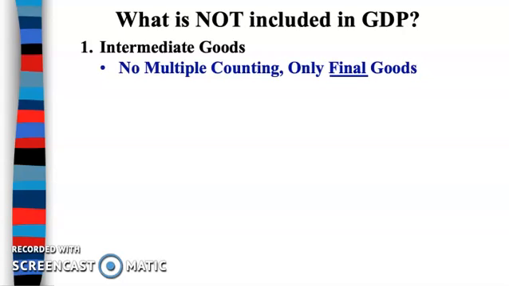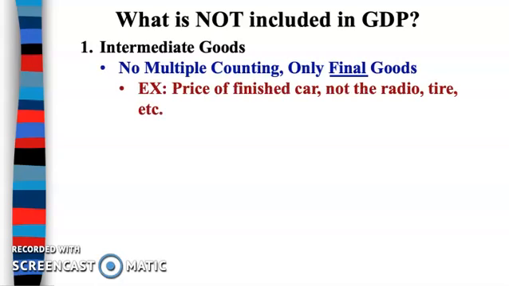So we only include the final price of those goods and services. So we include the price of the finished, fully put together car, not the car and the price of the radio and the stereo system, the tires, etc. It's just the entire car one time.